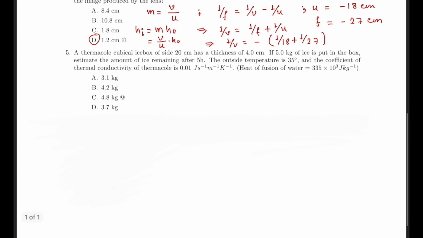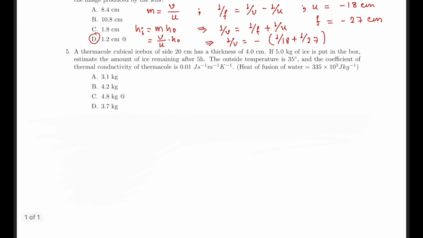Now the question is, a thermocol cubical icebox of side 20 centimeter has a thickness of 4 centimeter. If 5 kg of ice is put in the box, estimate the amount of ice remaining after 5 hours, when the outside temperature is 35 degrees centigrade. The coefficient of thermal conductivity is given, and the heat of fusion of water is also given.